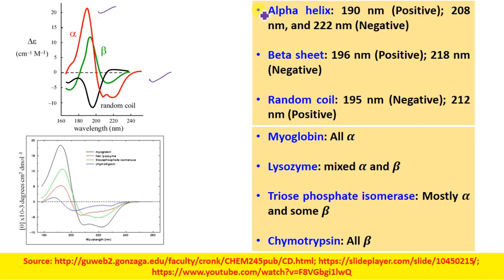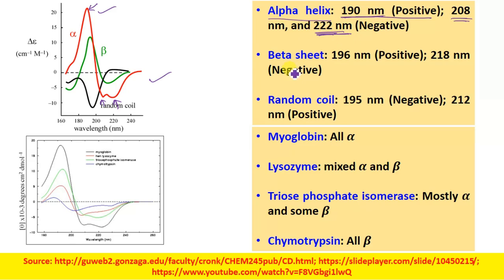This red curve is for the alpha helix, and you will find that there are three peaks: one positive peak at 190, then 208 nanometer, and 222 nanometer. So one positive peak and two negative peaks at these locations. These locations are important. This will not change.